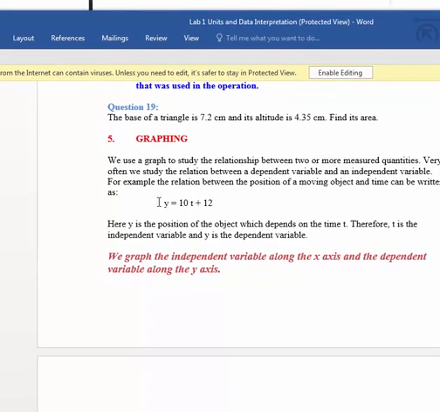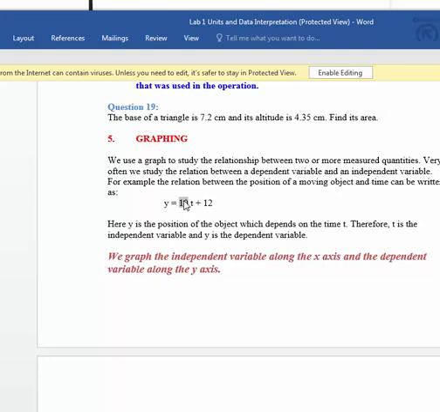Well, you can see here y equal to 10t plus 12 is in the y equal to mx plus b form, where m stands for what? The slope of the graph. That means if you draw a graph of y on the vertical axis and t on the horizontal axis, the slope of that graph will be 10.